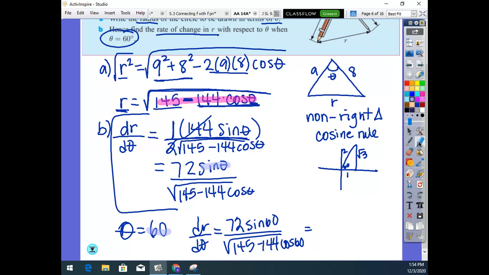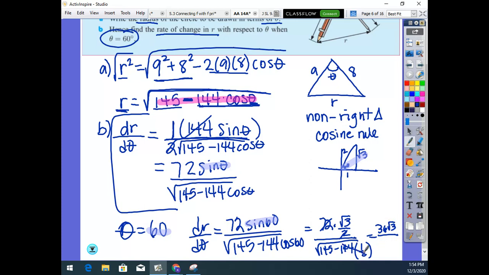Now, what is sine of 60? So y over r, so that's square root of 3 over 2, over the square root of 145 minus 144 times a half. So then we can say 2 goes into 72 36 times.